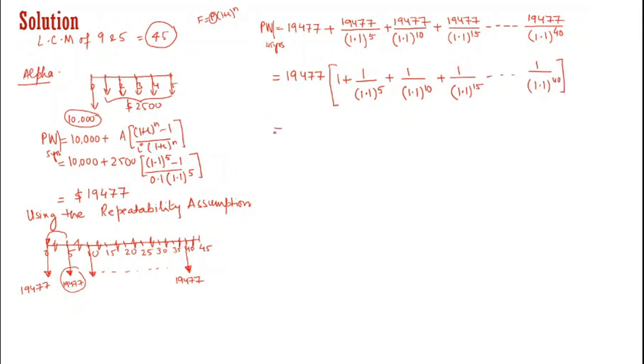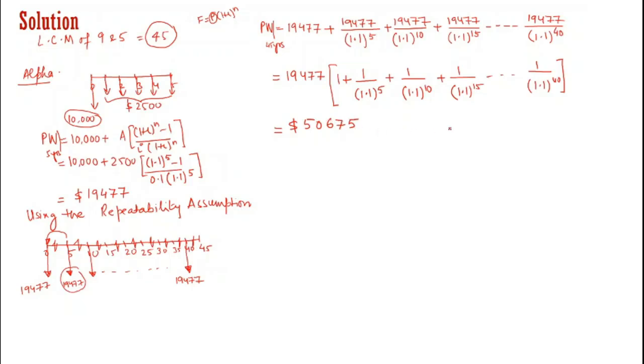If we compute the value, it comes out to be $50675. So this will be the value or the present worth for the option alpha.